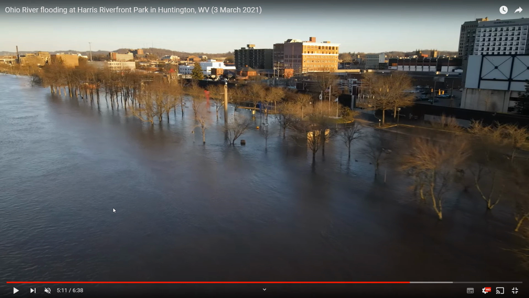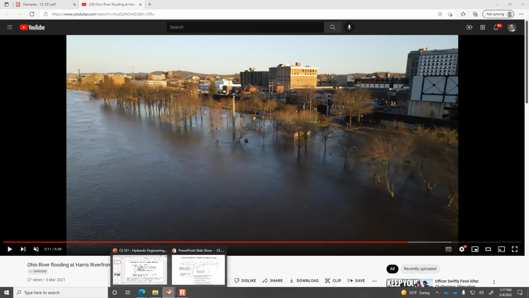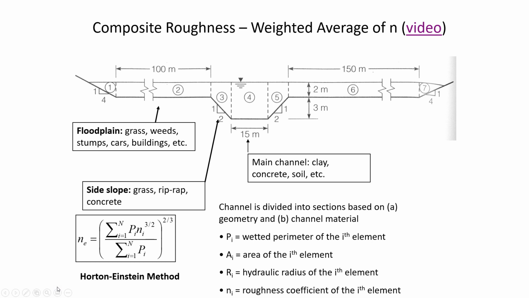So the river was high a year ago, and if we needed to calculate the composite N value, Manning's n, the Horton-Einstein method is in our book, and what it suggests is that you can take the average n value and weight it based on the perimeter.